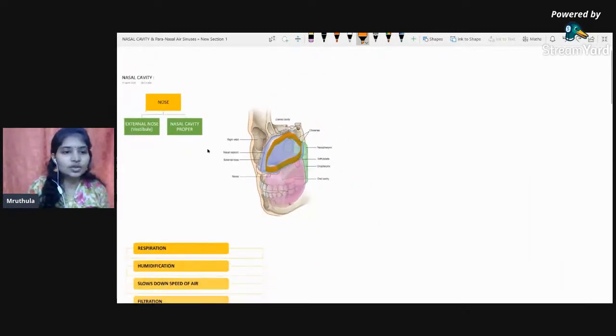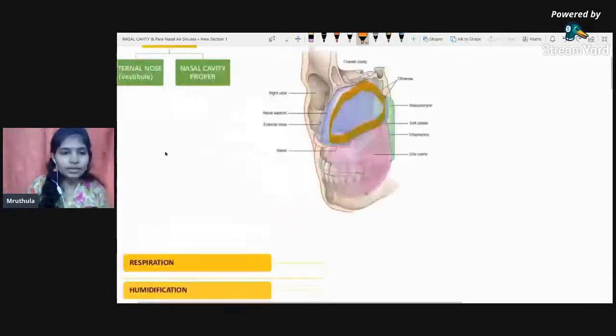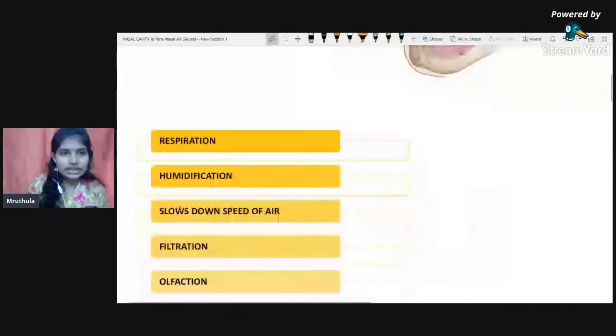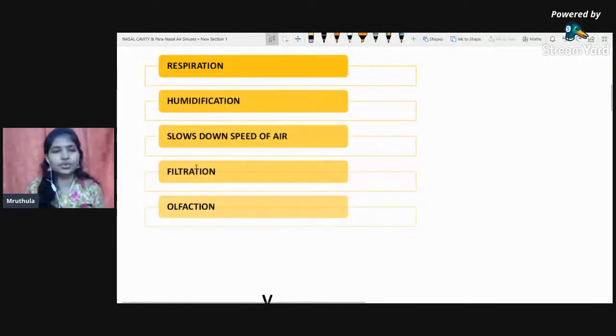Right. Before talking about the anatomical structures present in the nose, let me familiarize you with some physiological functions. If you know the functions, it is easier for you to retain the anatomical structures, right? What you're seeing right now is the list of functions.